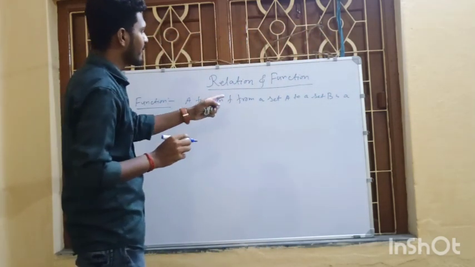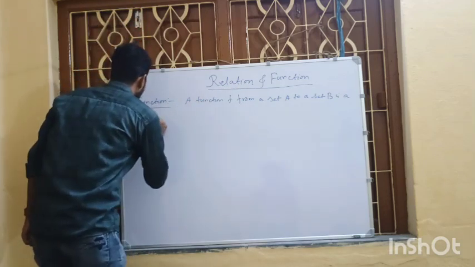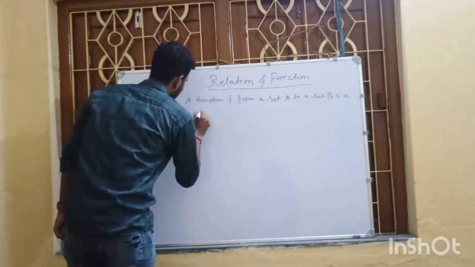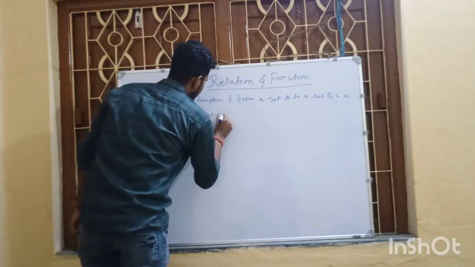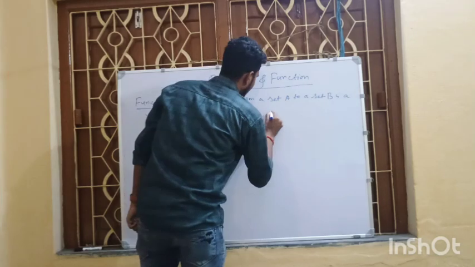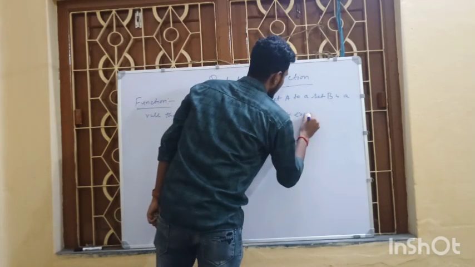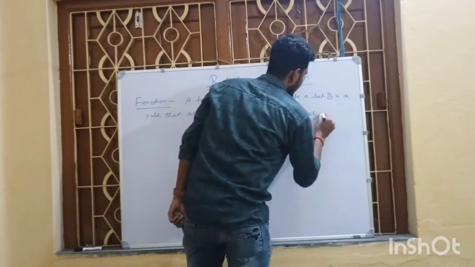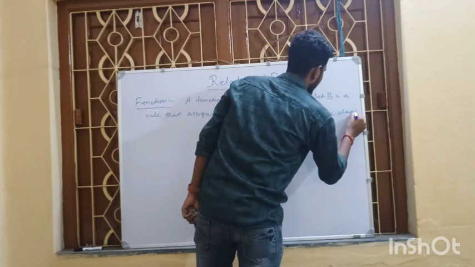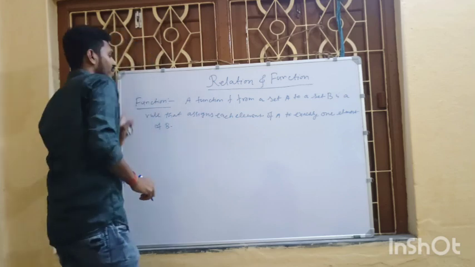A function f from a set A to a set B is a rule that assigns each element of A to exactly one element of B.